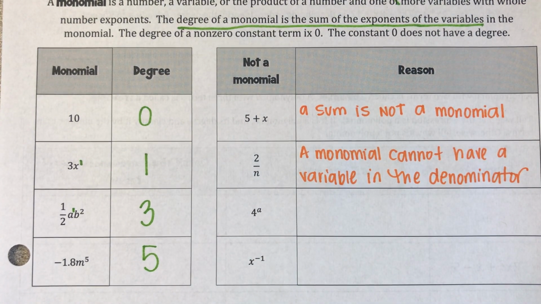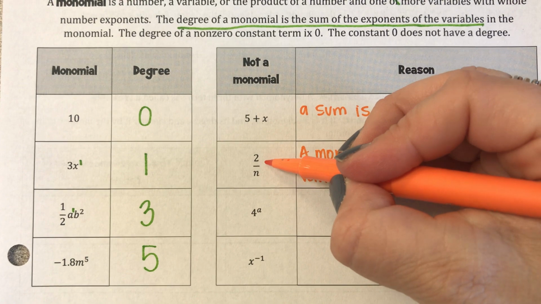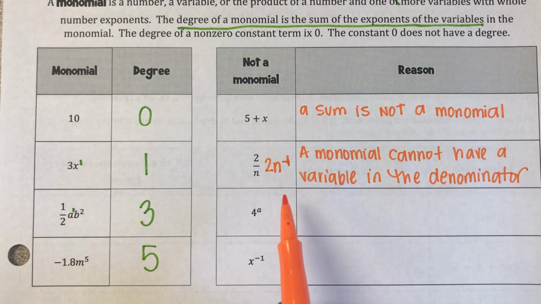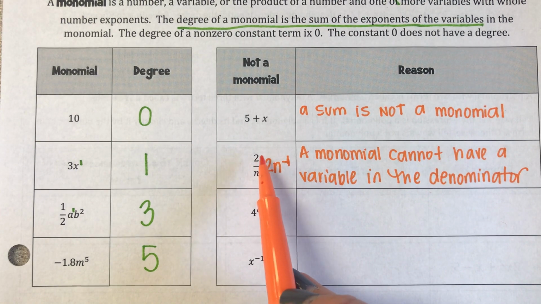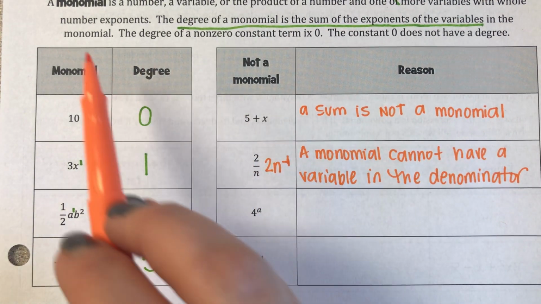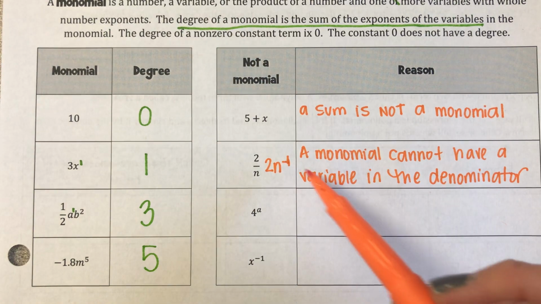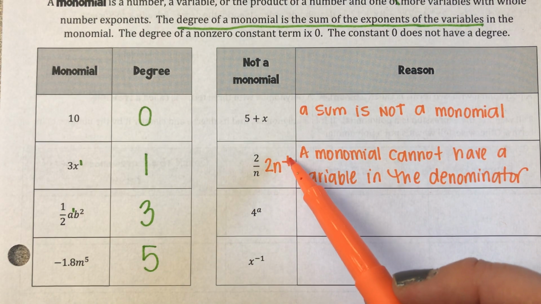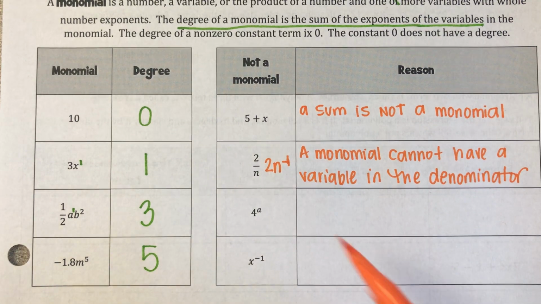And kind of the technical reason for that, let's think about what we just learned with exponents, right? If it's in the denominator, another way to write this would be 2n to the negative 1. Remember negative 1, you'd be like, oh yeah, that has to go underneath. It has to have a whole number exponent. Negative 1 is not a whole number, right? Whole numbers are positive. So that's why this does not work.